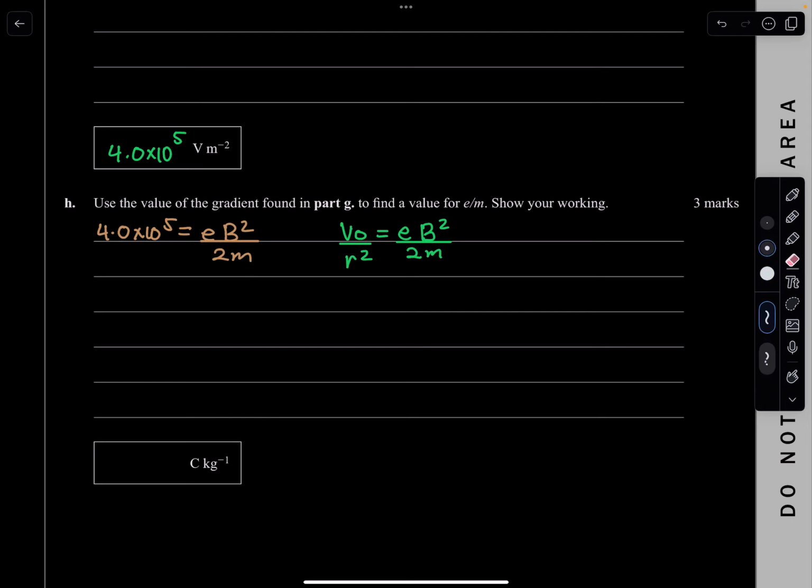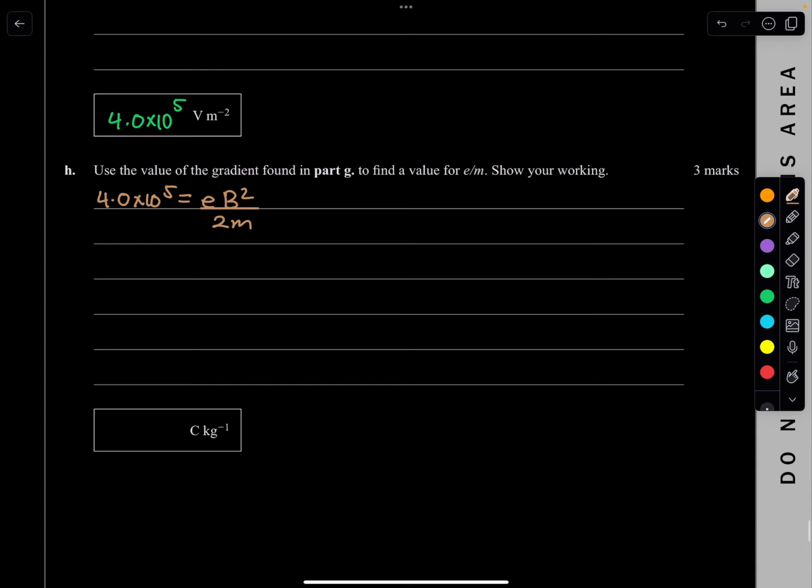All right? Okay. So, we want E over M. We've nearly got it, but we just need to get rid of that B squared and 2. So, if I multiply both of those sides by 2 over B squared, these 2's cancel out, and these B squareds cancel out, so we're left with E over M.